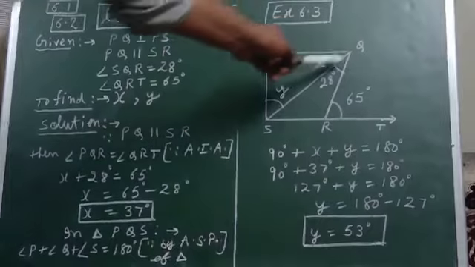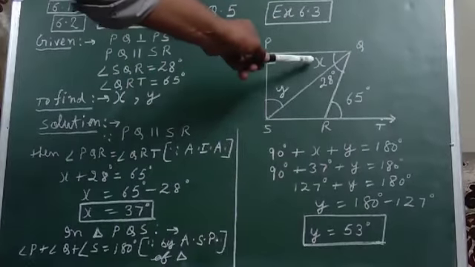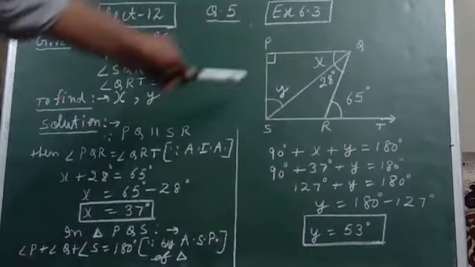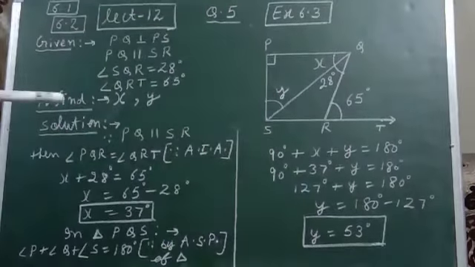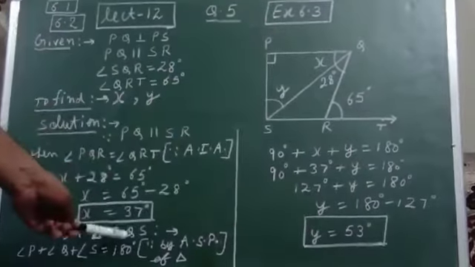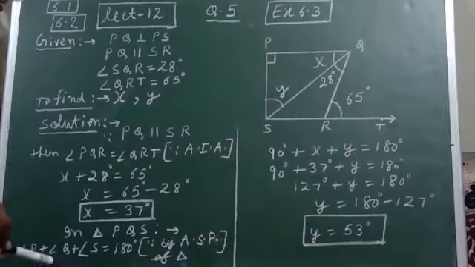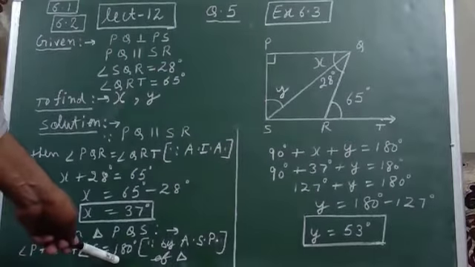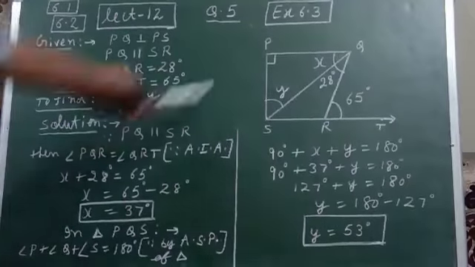Now if you see this triangle PQS, then in this triangle this angle is 90. This angle we know 37, means we know the value of two angles. So third angle we can find out by using the angle sum property. So let us take the triangle PQS. So here angle P plus angle Q plus angle S equal to 180 by angle sum property of triangle. Now angle P, you can see here 90.